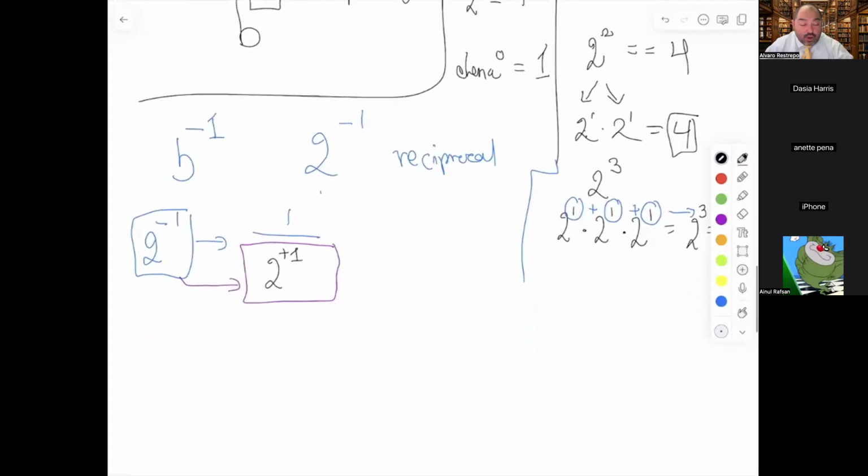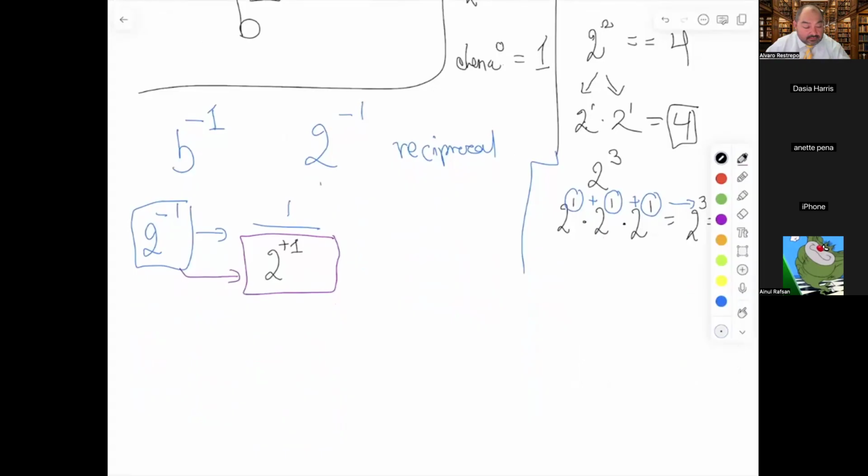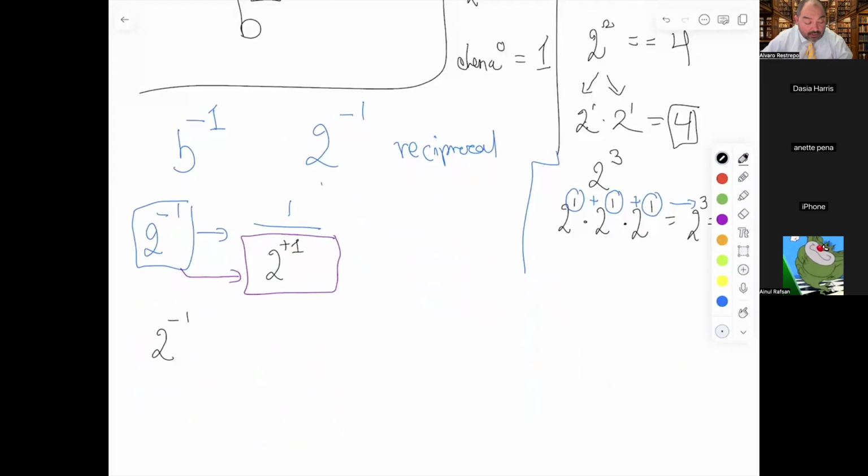And I want to show you why that happens. Look, 2 to the negative 1. If I put it into a fraction, this division sign here is a negative. So a negative and a negative is what?